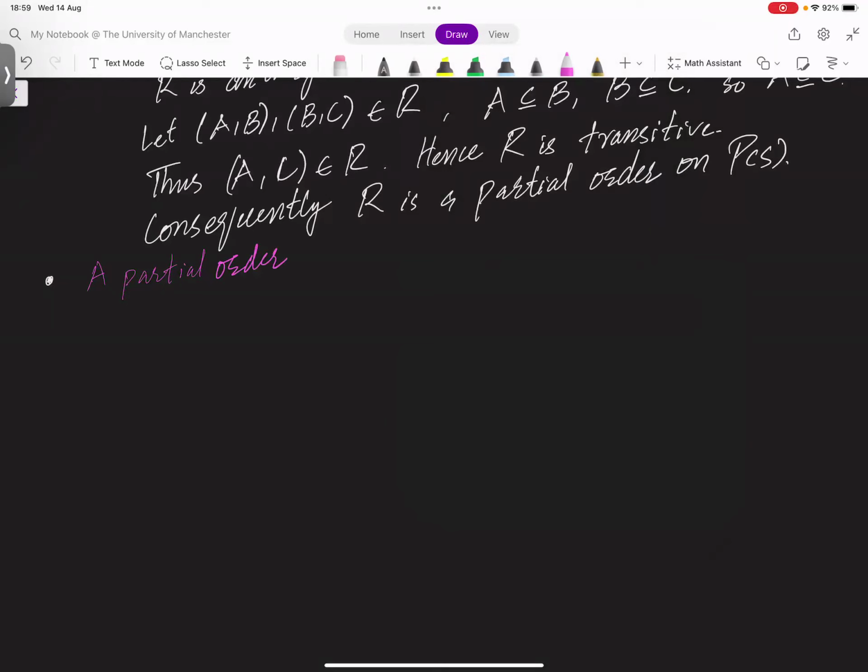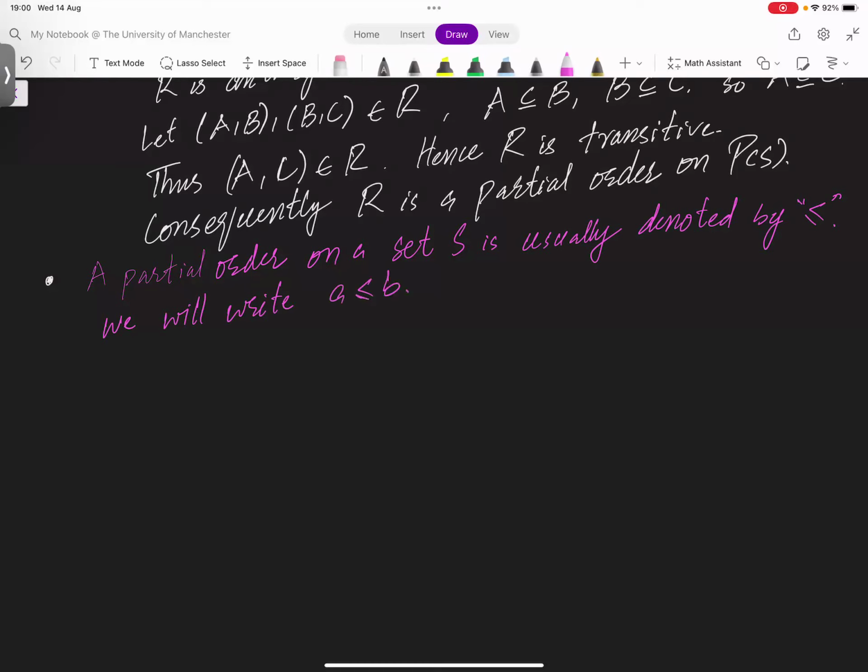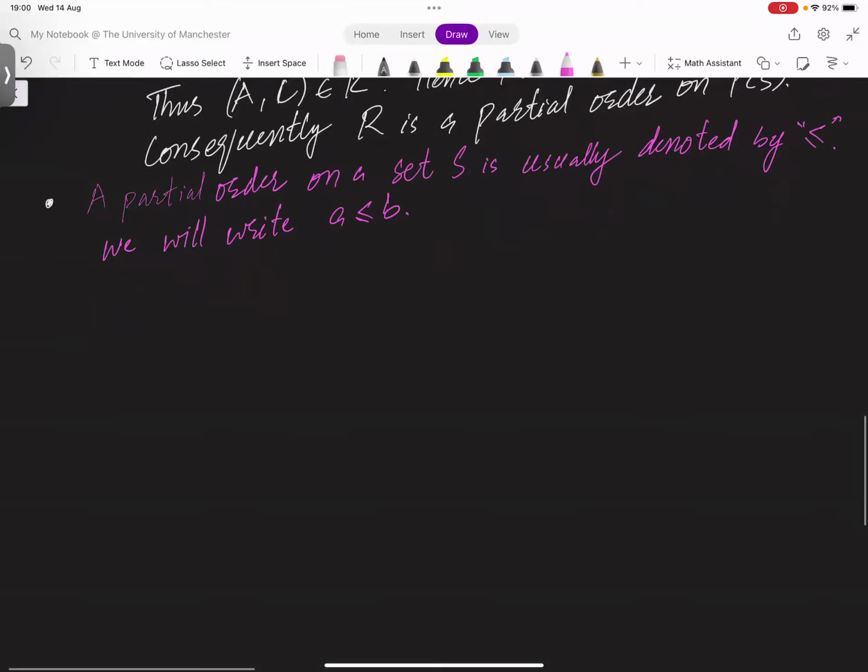Instead of writing the ordered pair inside R, we shall write A with this symbol before B. If we write this, then you can understand that there is a partial order between A and B.